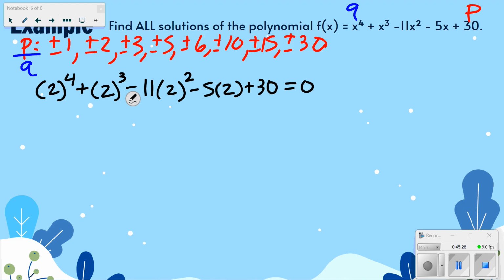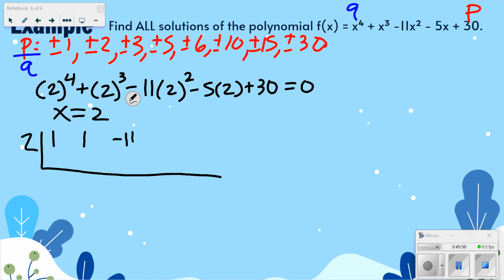Divide by. Yeah, so we can divide by, so Socrates was just saying we could divide by the factor of x minus 2. Or if we already know x equals 2, you could just do synthetic division with just 2. So if you just do synthetic division with 2, setting it up, you'd have 1, 1, negative 11, negative 5, and 30.